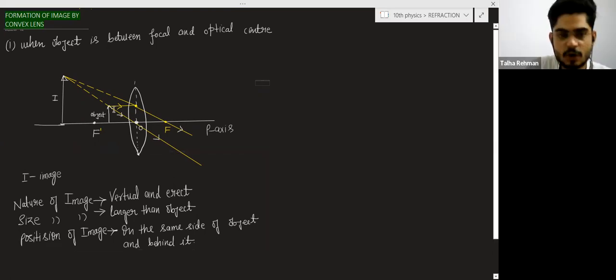Here is the object and here is the image. Just make the diagram properly.